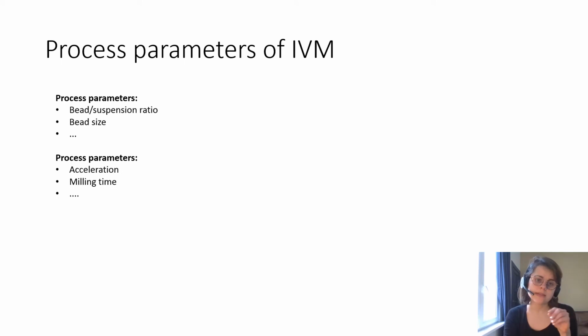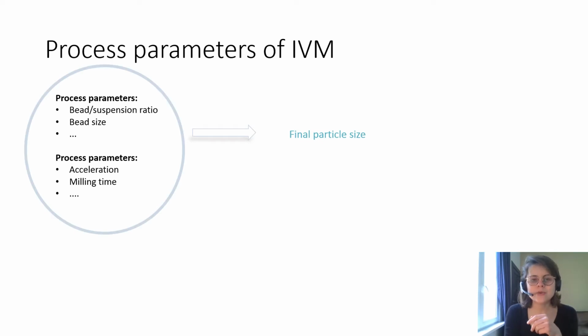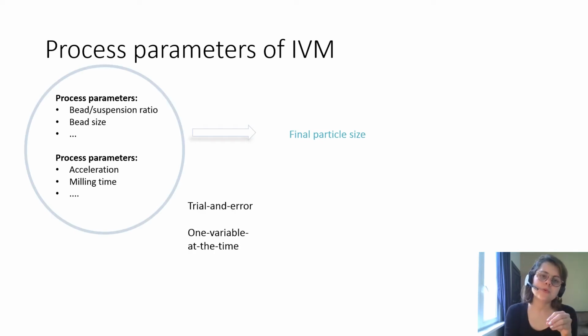It's quite an extensive list, and they have one thing in common. They all have an important impact on the final particle size. Of course, we want to obtain nano and micro suspensions, so it's really important to have a good final particle size in that nano and micro range. But if we go to the laboratory, we saw that all these parameters were optimized via a trial and error approach, or often a one variable at a time approach.